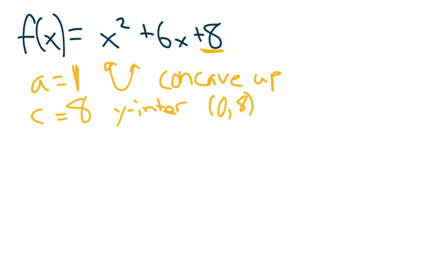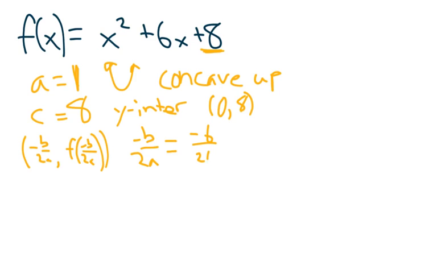Now, if we want to find the vertex, we have to do this negative b over 2a trick. Negative b over 2a, and then we'll plug that into the function and find out what that is. Negative b over 2a is equal to negative 6 over 2 times 1, which equals negative 3.